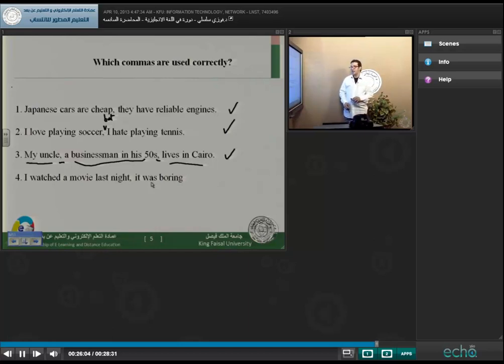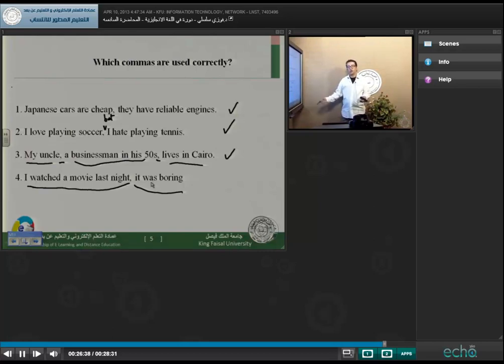And then the last sentence: I watched a movie last night. It was boring. I watched a movie last night, it was boring, right? Here, we can notice that it is a comma splice, because this is an independent clause. I watched a movie last night. We have subject and verb. It's a full sentence. And here, we also have subject and verb, and it's a full sentence.